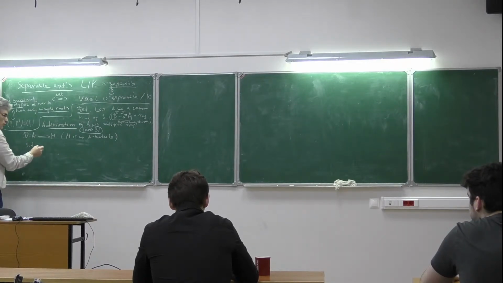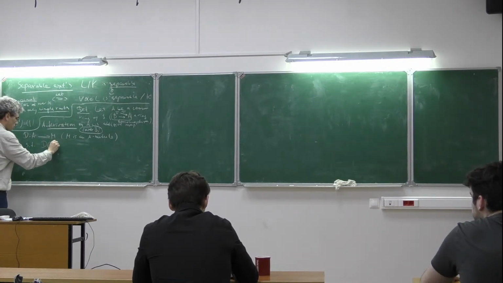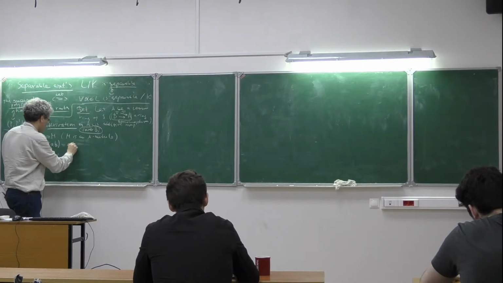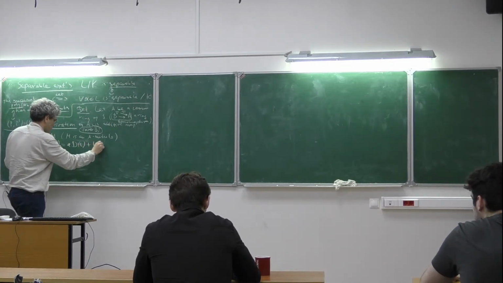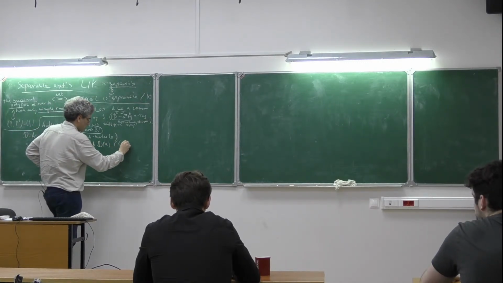You probably know what the Leibniz rule is. It says that if you take a product AB, it should be sent to A times dB plus B times dA. So that's the Leibniz rule.